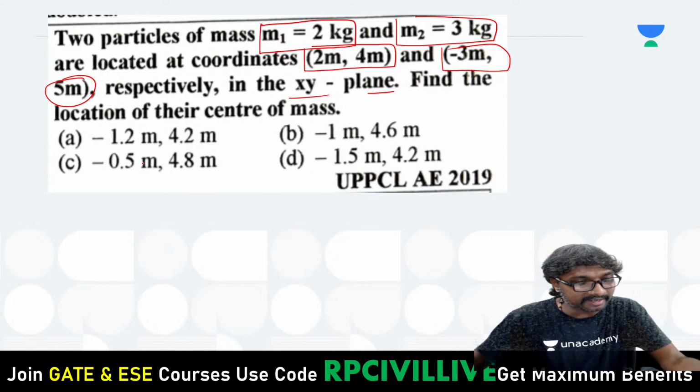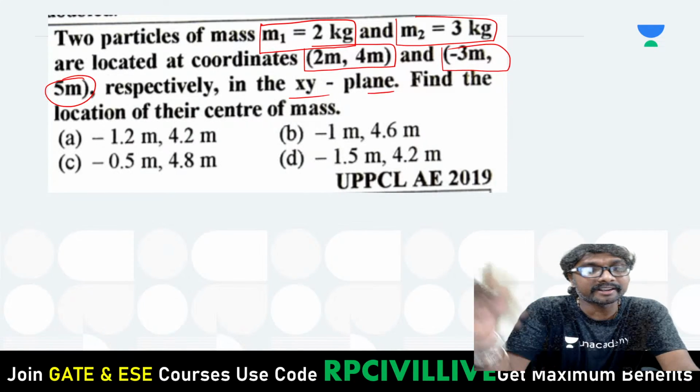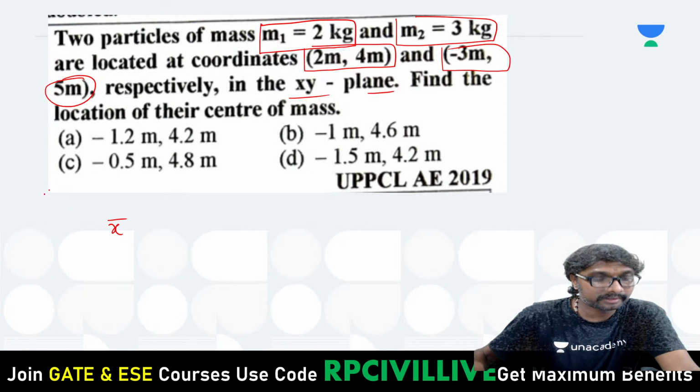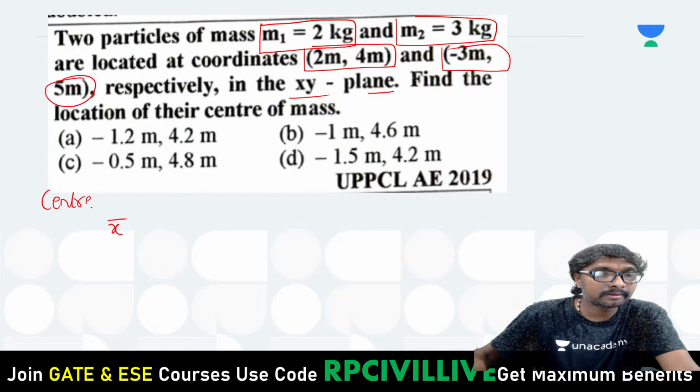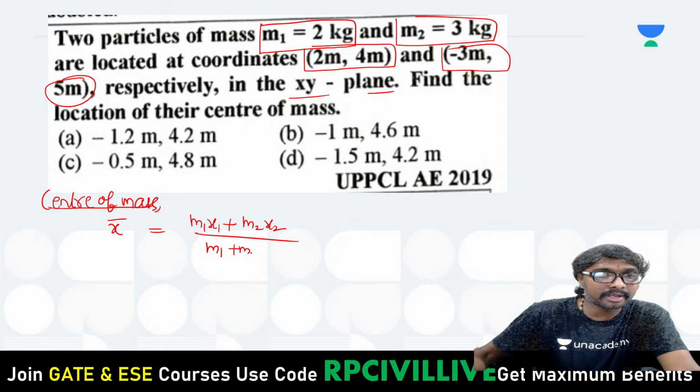You are asked to calculate the center of mass. Anyone remember the formula? How to calculate the center of mass? x bar is equal to m1 x1 plus m2 x2 divided by m1 plus m2.